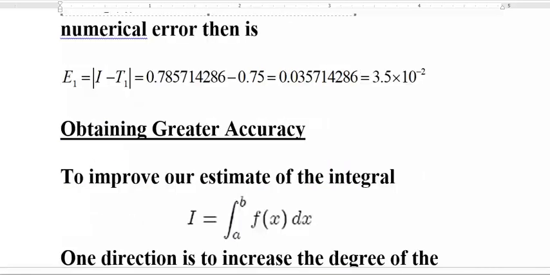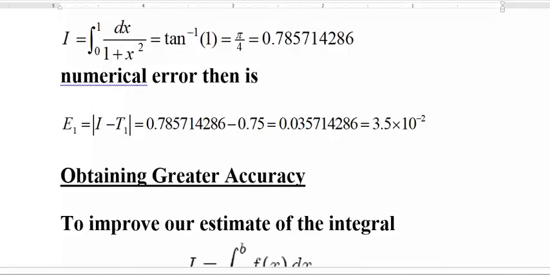Don't worry. Okay. Now the accuracy for this rule is not good enough. We have 3.5 times 10 to the power minus 2. So we must obtain greater accuracy.